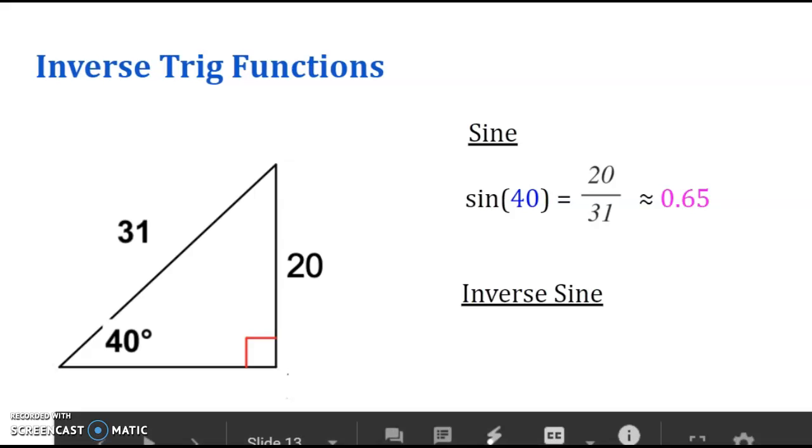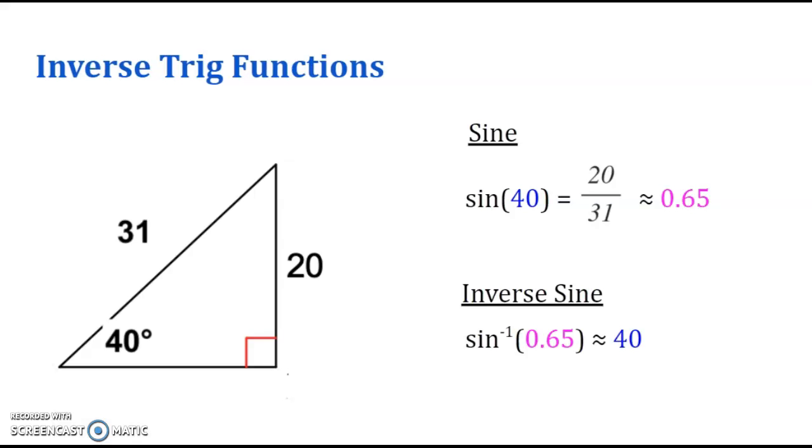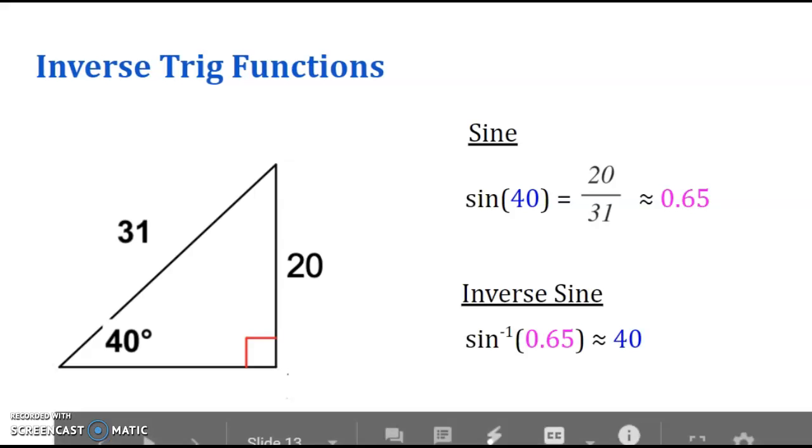The inverse sine of 0.65 is going to be equal to 40, and the 40 that you get is the degree measure. Oftentimes I like to put sine of 40 degrees here, just to remind me that the input is degrees there. In the inverse case, the input is the ratio and the output is the degrees.